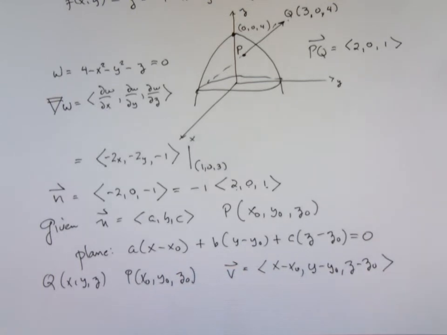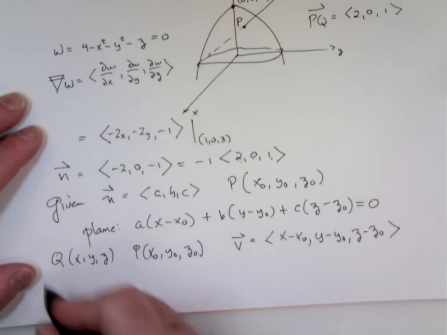And that vector's got to be perpendicular to our normal. And how do you know if 2 vectors are perpendicular to each other? If their dot product is 0. So the dot product of these 2 vectors must be 0.